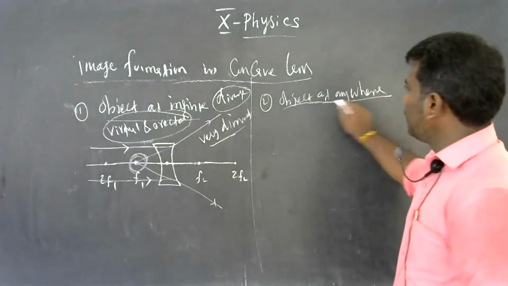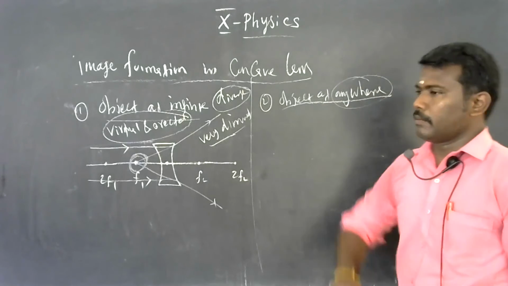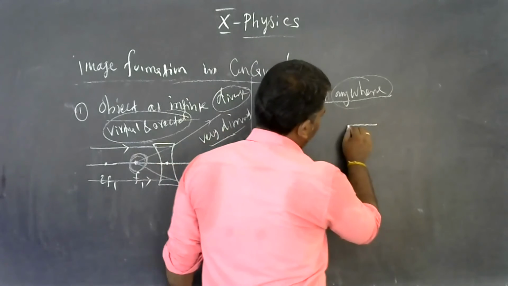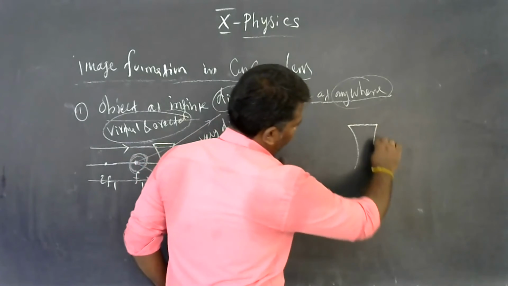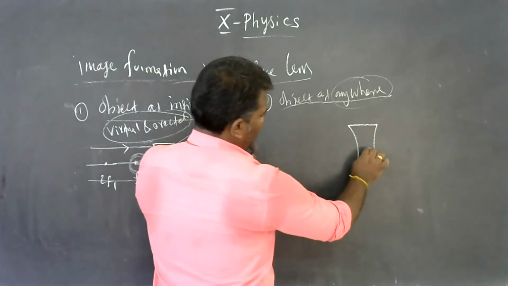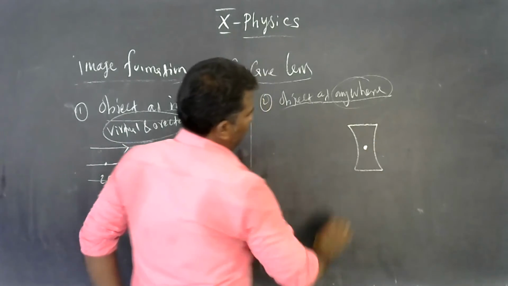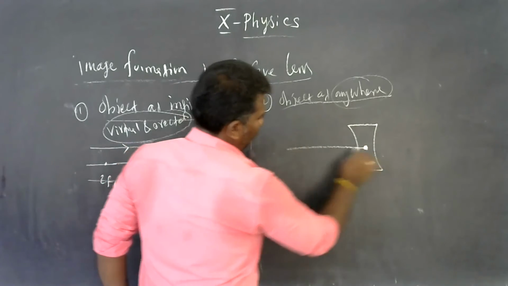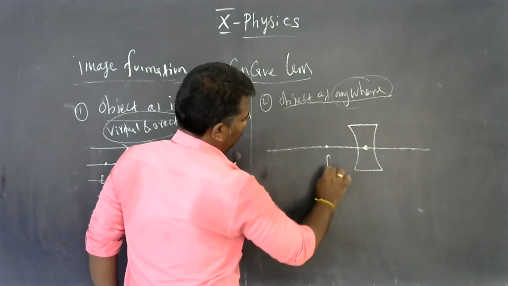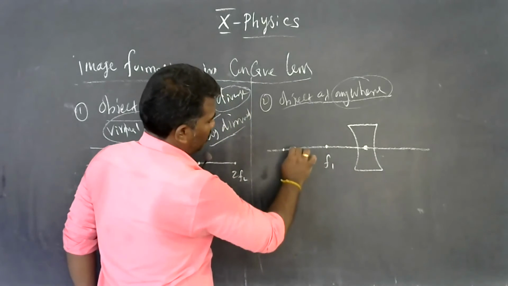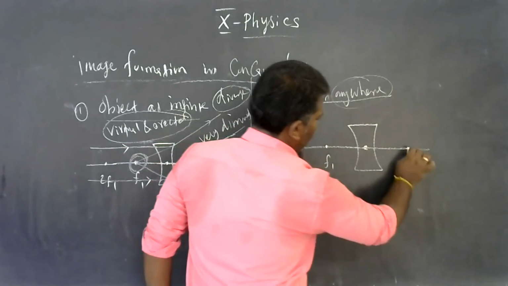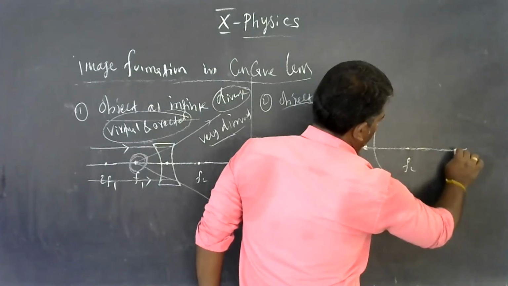And the next one: the object located anywhere apart from infinite distance. Concave lens, optical center, F1, to F1, F2, and next to F2.